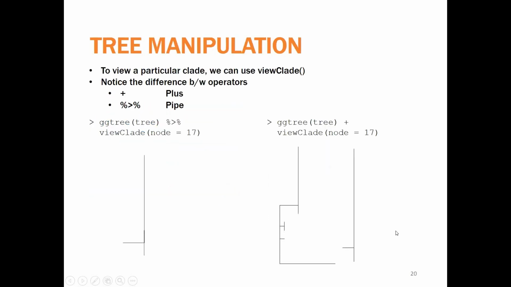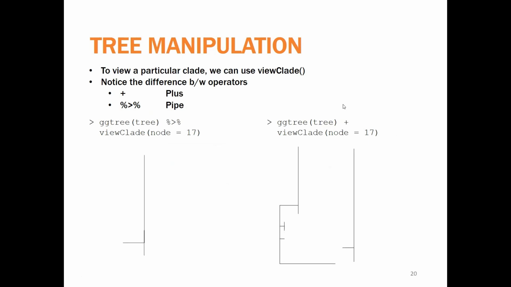There are other different tree manipulation options. Like I mentioned, you can zoom in to view a particular clade, and you can do this using viewClade. There is actually a difference, which I didn't know last year when I was teaching a similar workshop, between the plus and the pipe function.